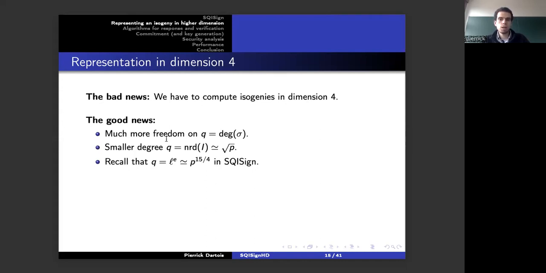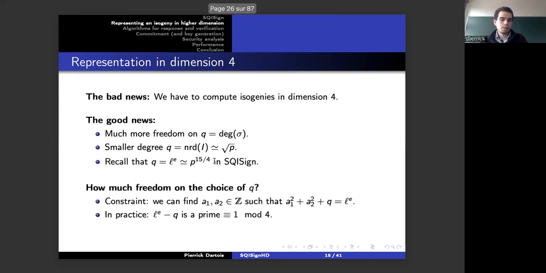It can be anything, well, almost anything, we will see. And it can have a norm which is close to the square root of P, which is the optimal norm for an ideal. Whereas in SQISign, the norm were close to P to the 15 out of 4. And so that's way better.